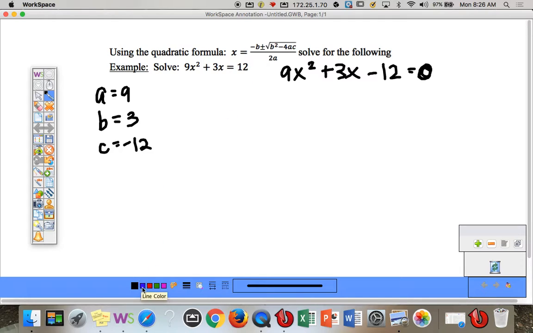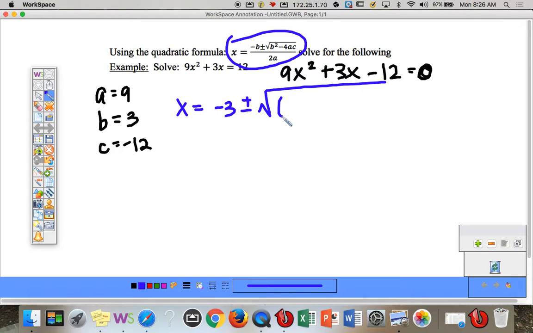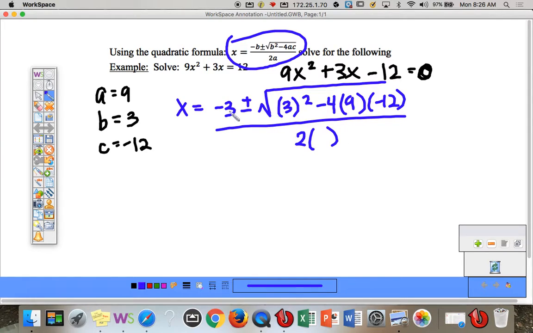You plug into the quadratic formula, which is up here. I'd want to see that step: x equals opposite b plus or minus the square root of b squared minus 4ac, all over 2a. A is 9. Then I would want you to calculate these three numbers right here instead of typing everything all in your calculator, which sometimes gives you room for mistakes.